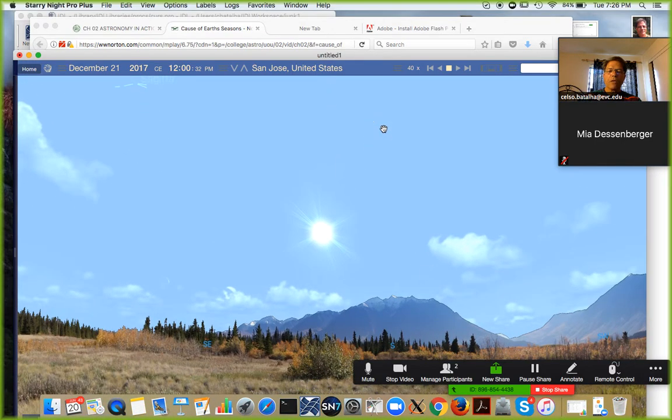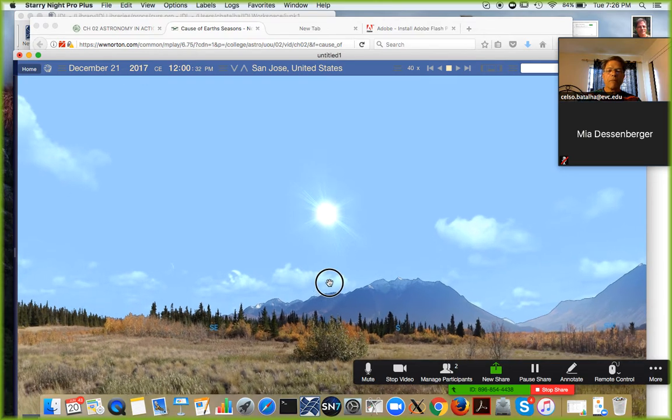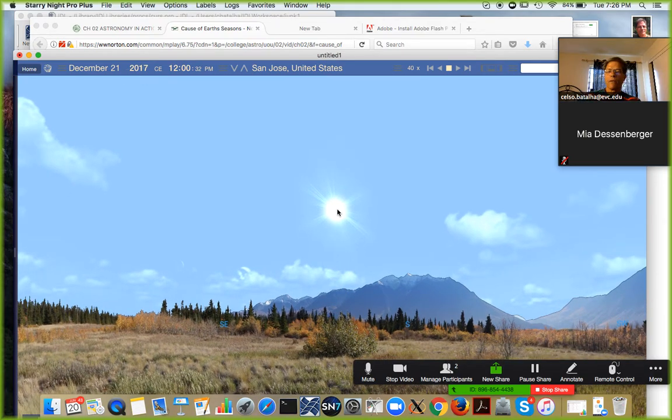And on the contrary, the sun is pretty much close to your horizon, which means the sun rays are hitting you at an angle and spreading that energy over a larger surface area on Earth. Which means, first of all, in the wintertime, we have less sunlight during daytime.